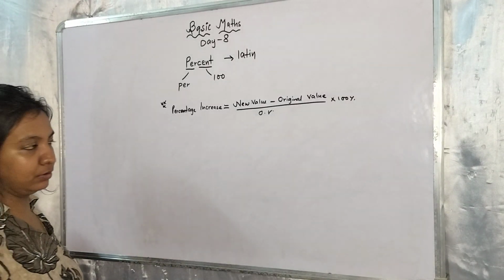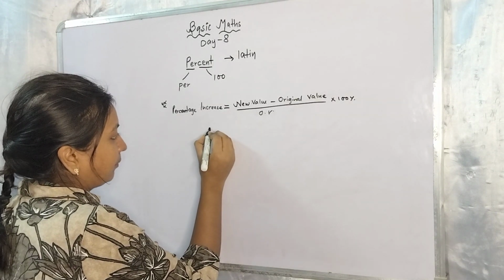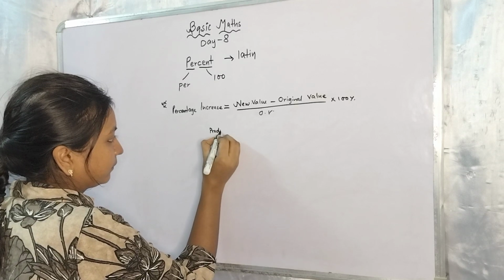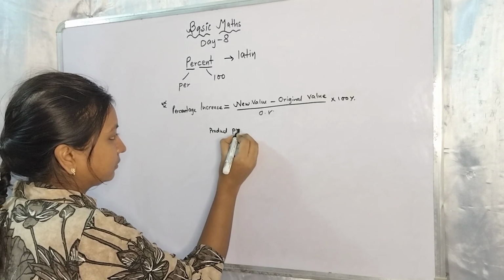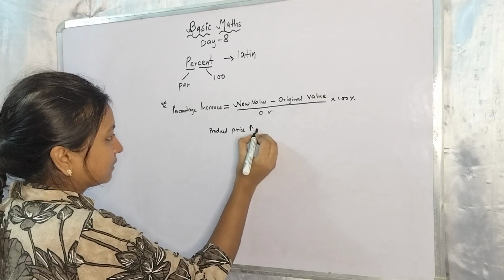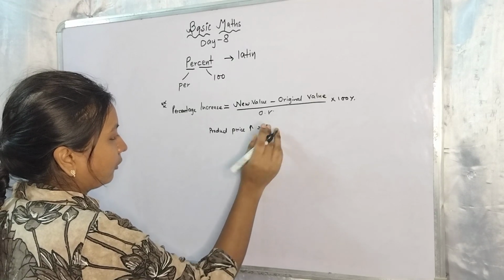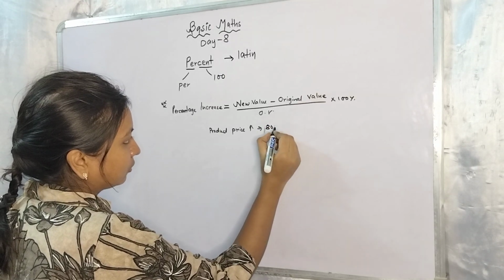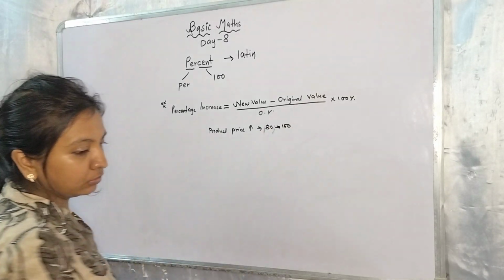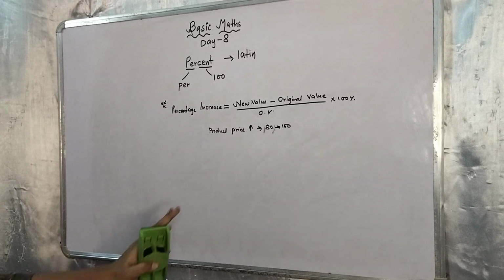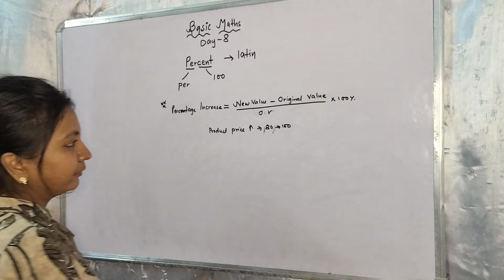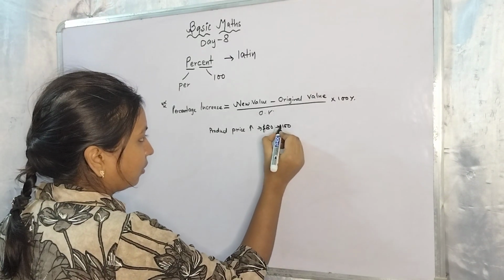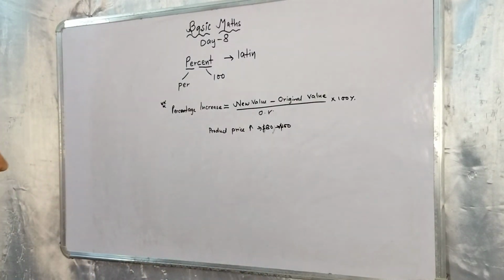As I told you, a product's price got increased from 80 to 100, from $80 to $100. So this is the increase.